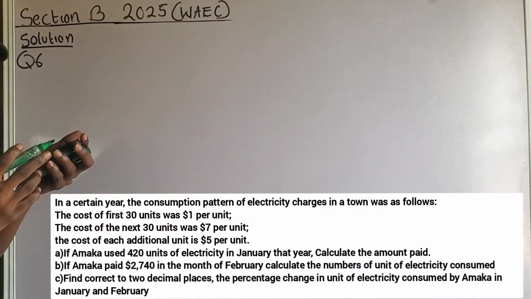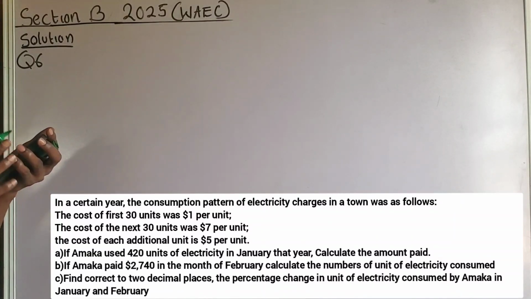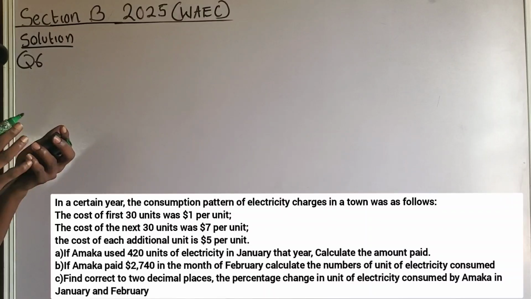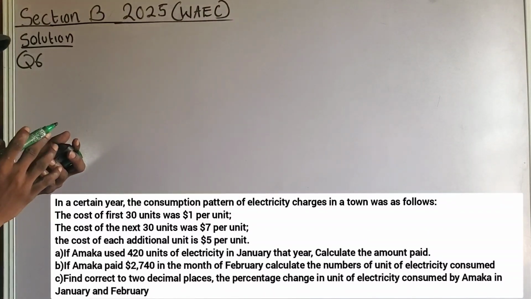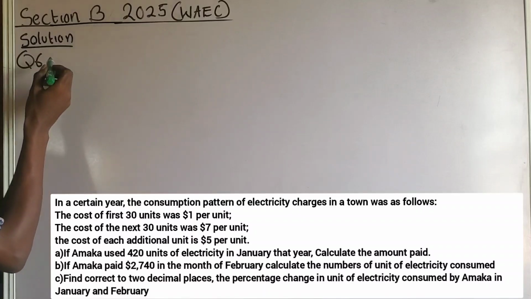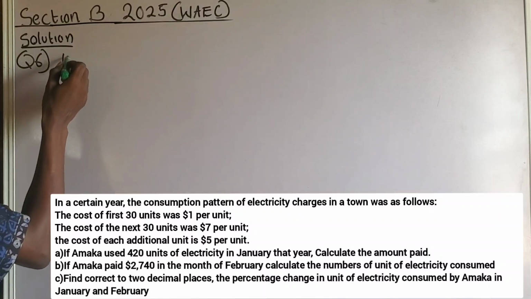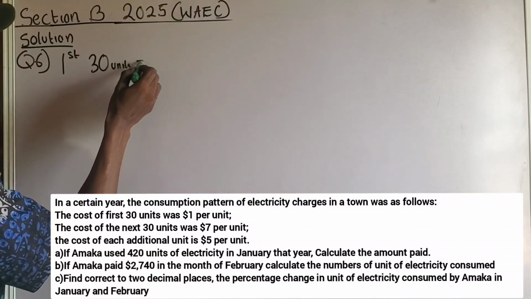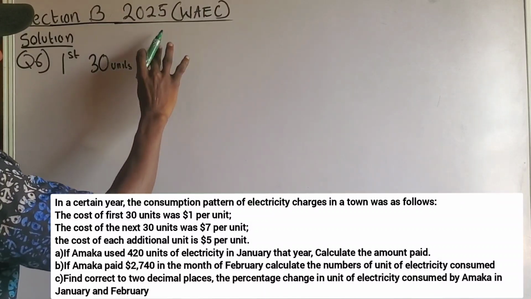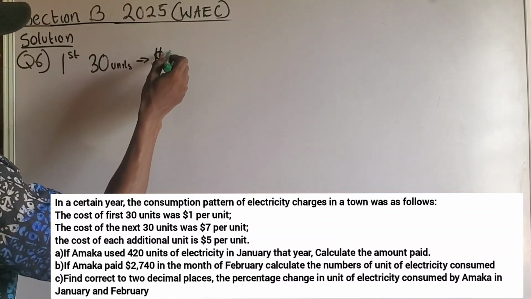In a certain year, please pay attention, the consumption pattern of electricity charge in a town is as follows. The first 30 units is $1 per unit.